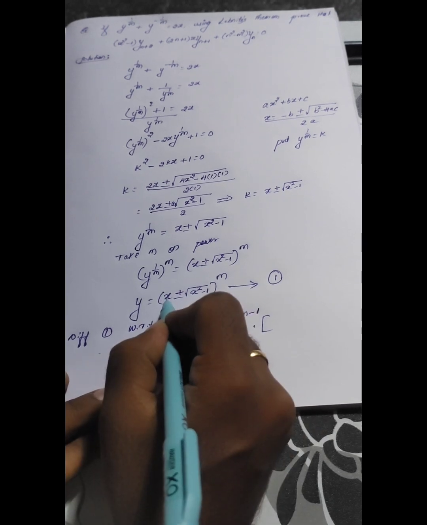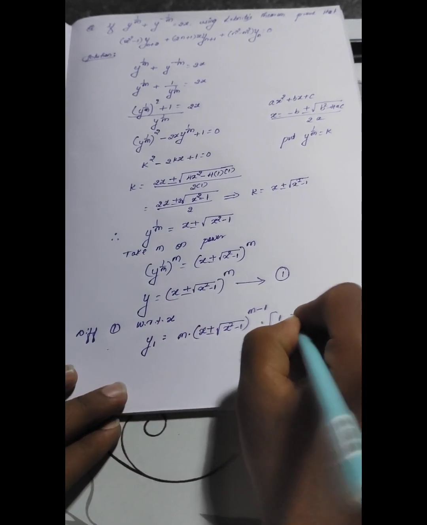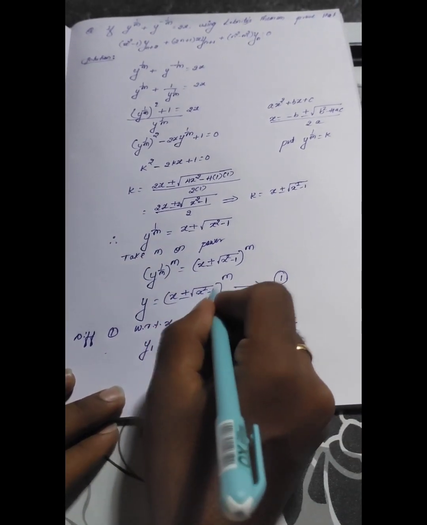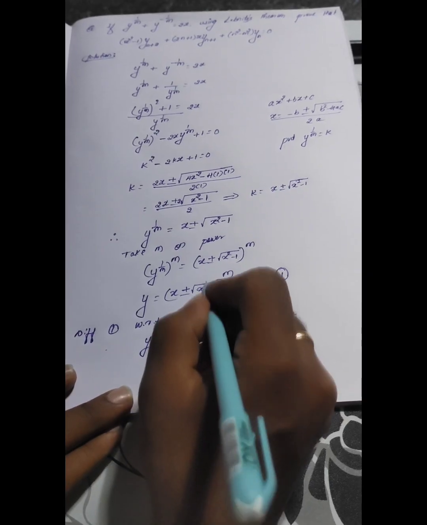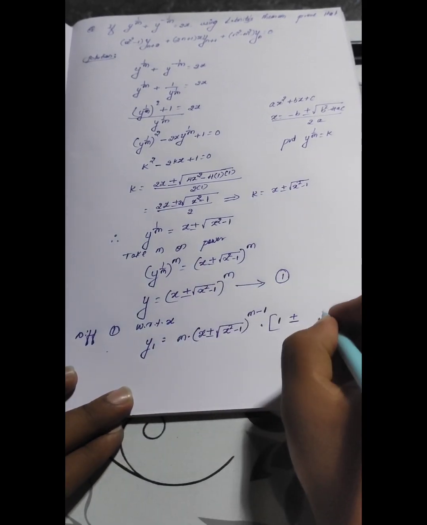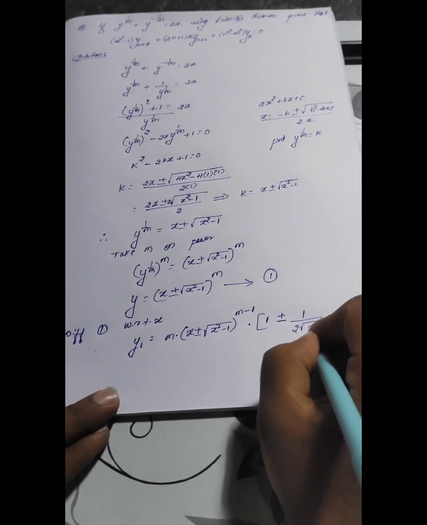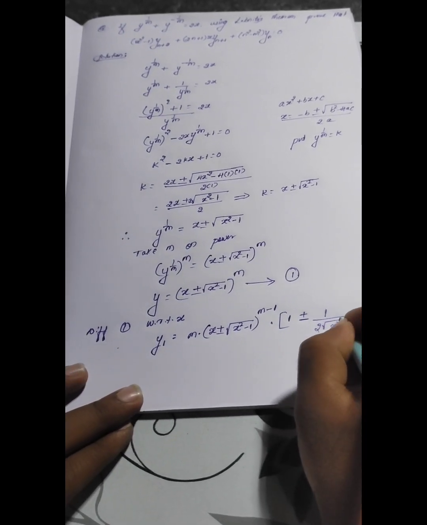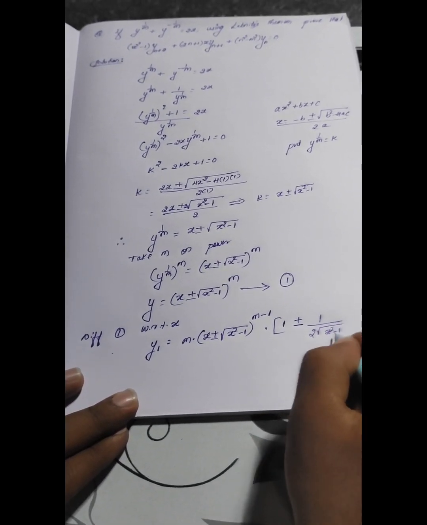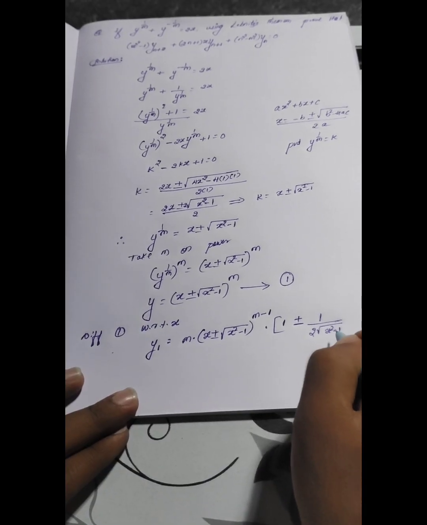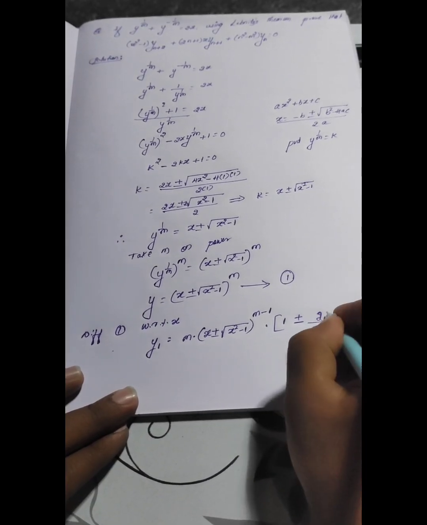It will be the derivative of x, which is 1, plus or minus the derivative of root of x square minus 1 also. The derivative of root x is 1 over 2 root x, so that will become 1 divided by 2 root of x square minus 1. Also we have to take the derivative of x square, applying the chain rule, so this will become 2x.